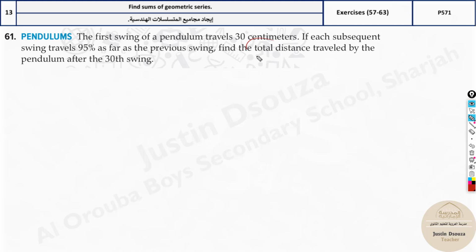So now here they have told total distance, the sum. So let's write the formula. Sn is equal to A1 minus A1 R to the power n by 1 minus R. And over here we have got A1, the first swing, they have told, is 30, right? The R value is 0.95 or 95%. We have to find for n equal to 30. So let's substitute everything we know.